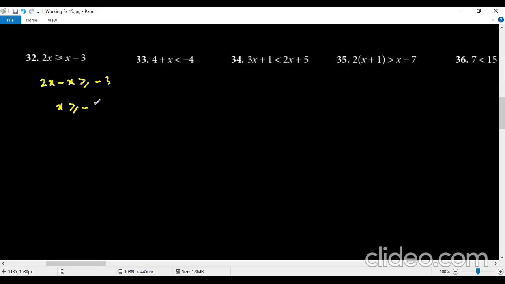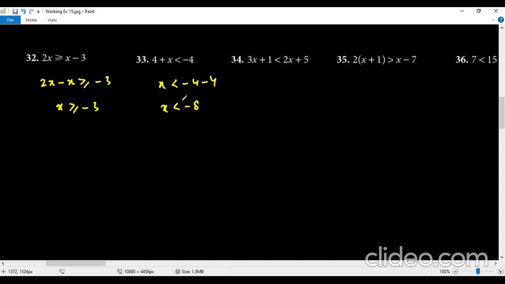So any value that you put, it should be equal to negative 3, or it should be bigger than negative 3. When it comes to this, it means x minus 4 and minus 4. That means x is going to be less than minus 8.